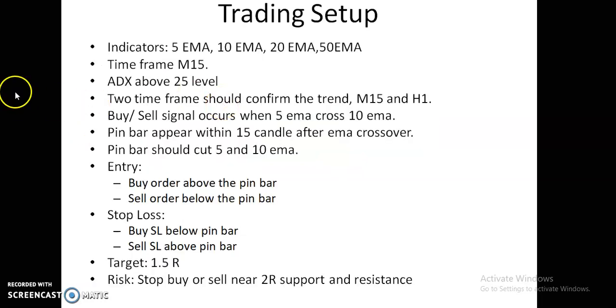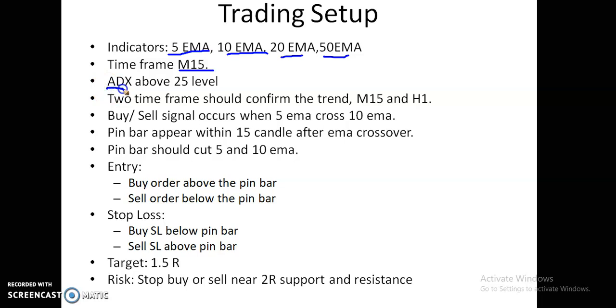Trading setup: what indicators are we applying? We are applying moving averages 5, 10, 20 and 50. We are using exponential moving averages only, and for intraday we are applying the 15 minute or 5 minute chart, whichever is preferable for you.